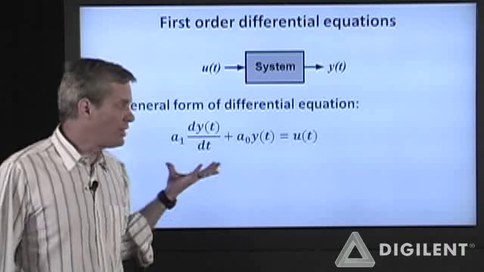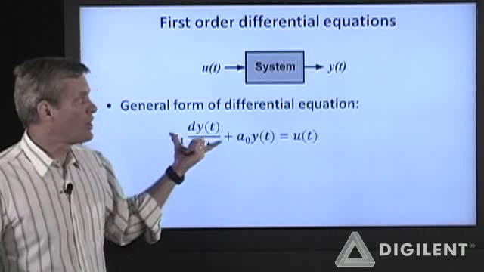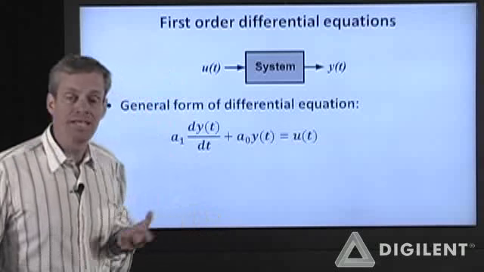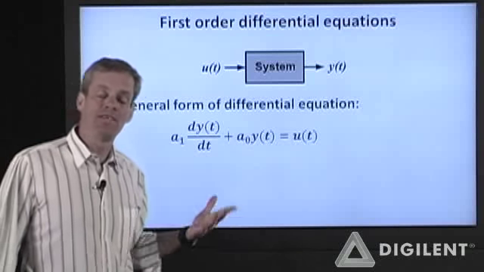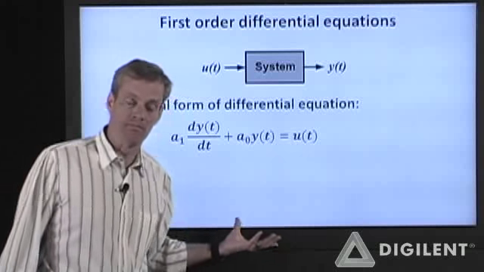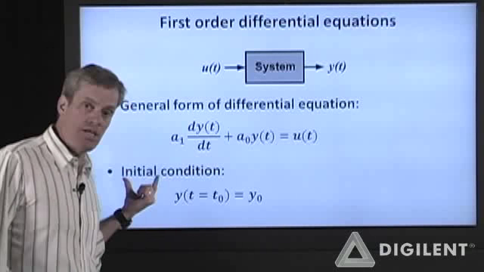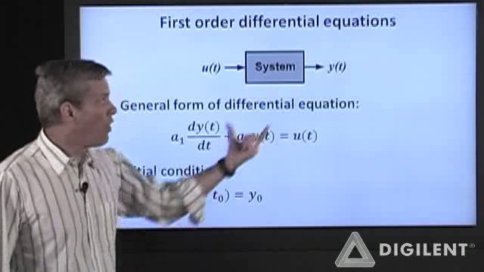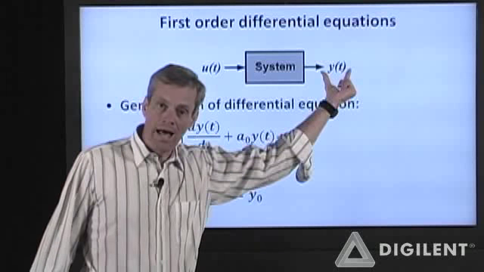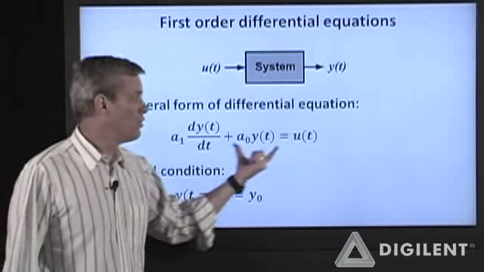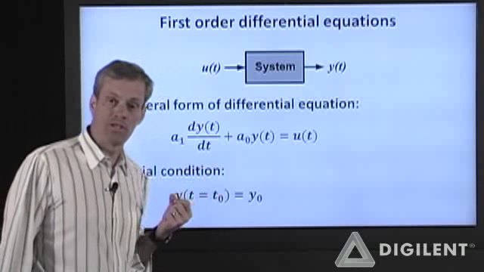Now, as I said a couple of lectures ago, the output for systems which store energy is dependent upon the previous state of the system. That state is described by what is called the initial condition. I need to know what the value of Y is at some time in order to be able to solve this differential equation.